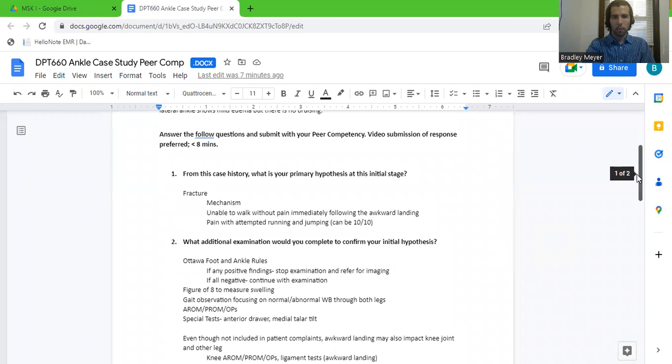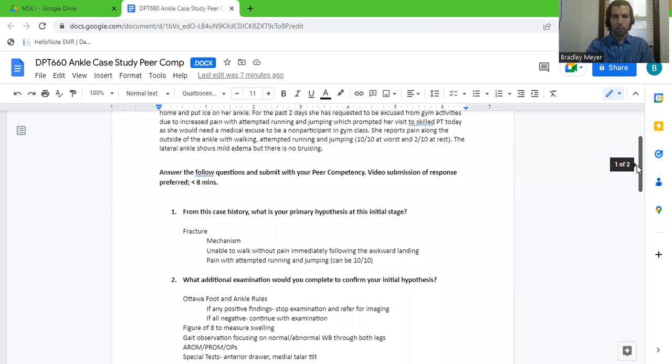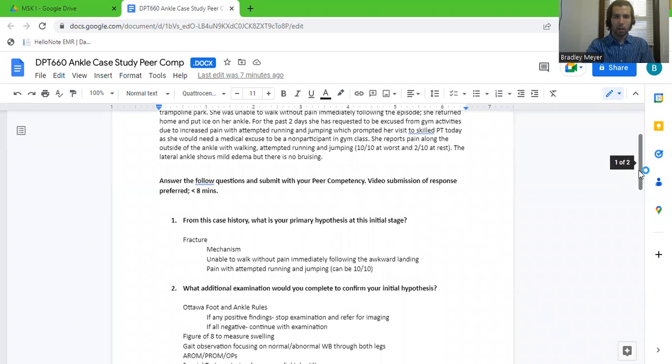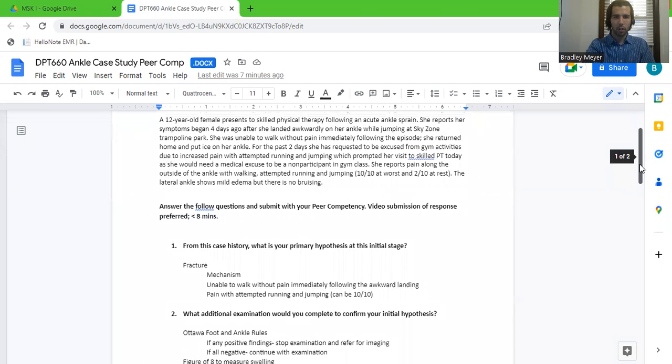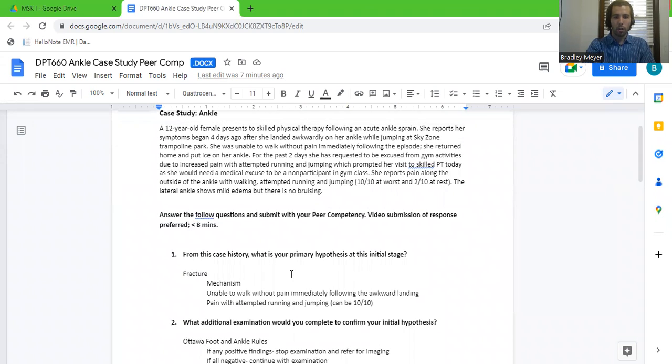So my initial hypothesis for this case is that she has an ankle fracture due to the mechanism of injury. It's very possible that she could have fractured an ankle landing awkwardly when she was jumping on the trampoline. She was unable to walk without pain immediately following that incident, which I think there's a little room for interpretation here.